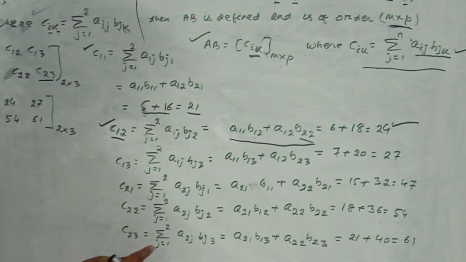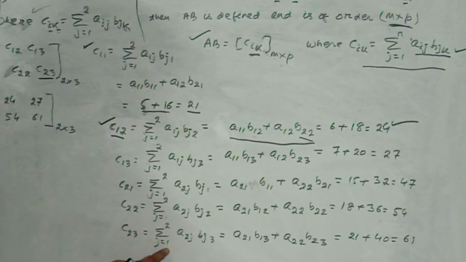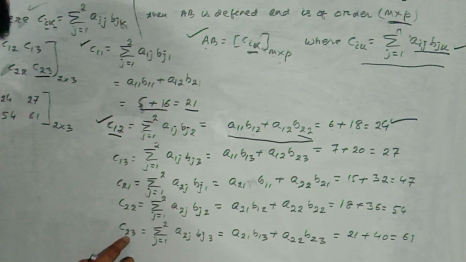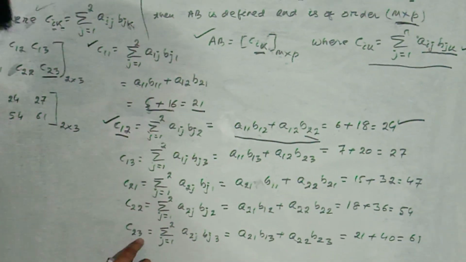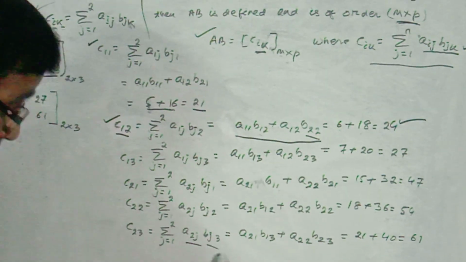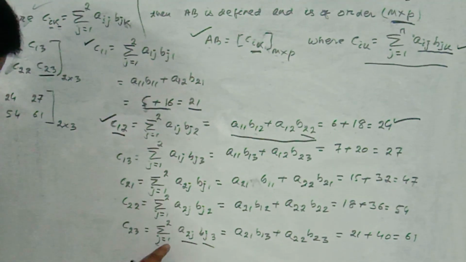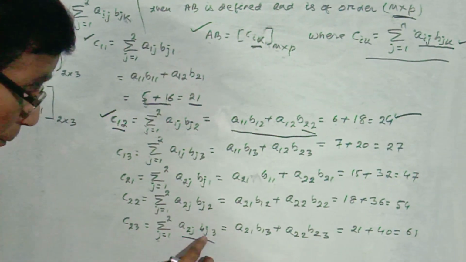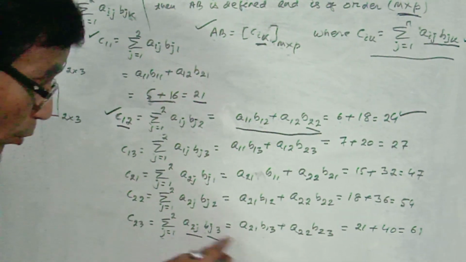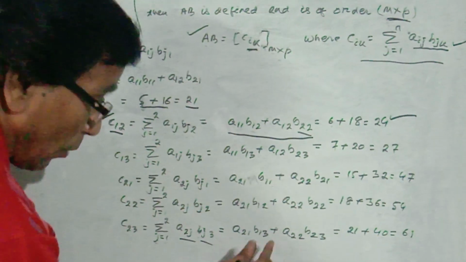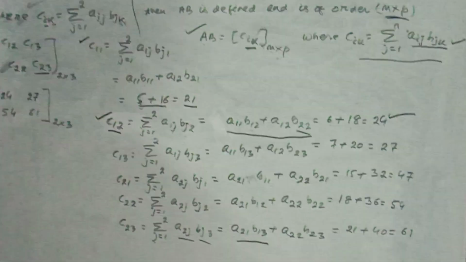So the C23 element will be the summation, j varies from 1 to 2, of A2j into Bj3. Taking j equal to 1 first, it is A21 B13 plus A22 B23. What is the value of A21?